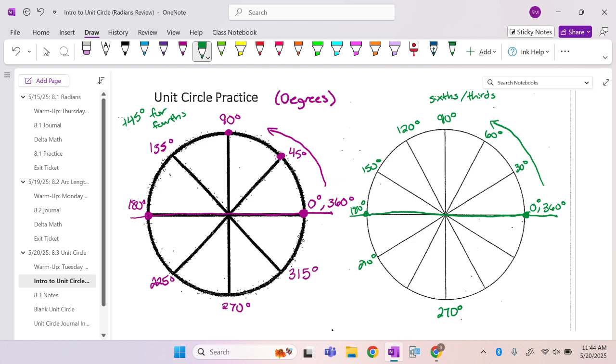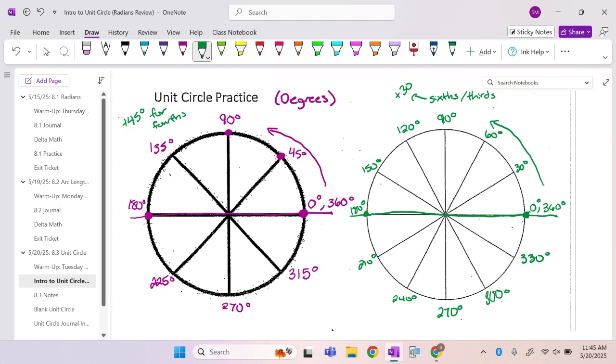What about 8/6 or 4/3? 240. 9/6 is 3/2, so that's 270. What about 10/6 or 5/3? 300. Then this last one will be what? 330. So what's the pattern here? Plus 30. So for sixths, we're looking at plus 30.